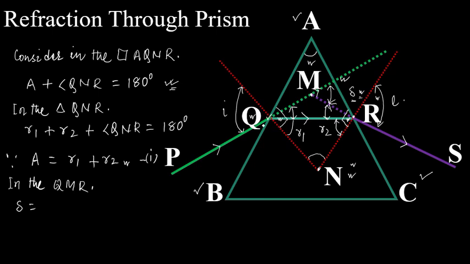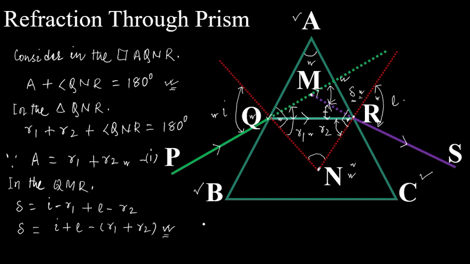The value of this one will be I minus R1 and value of this one will be E minus R2. So we write down here I minus R1 plus E minus R2. In the second step, this one will be I plus E minus R1 plus R2. Hope that there is no problem to understand at this step.